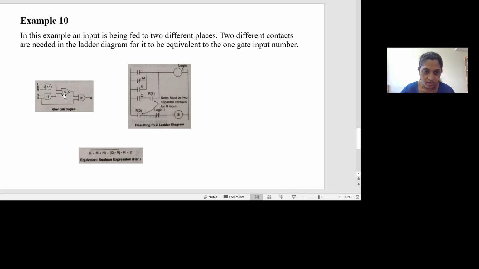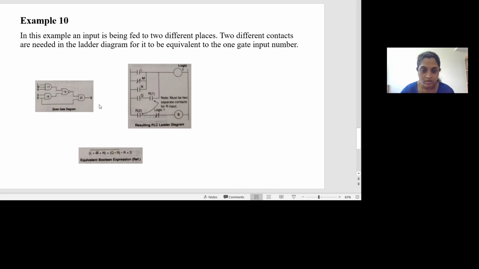And we have OR gate 19 and it has two inputs. One is coming from OR 17 and the second input is coming from AND 18. So they are connected to an OR gate.